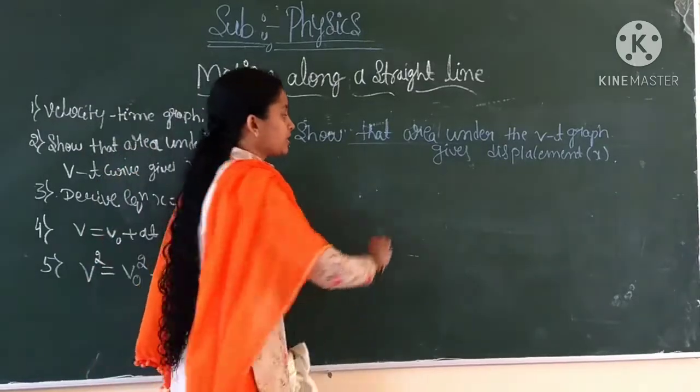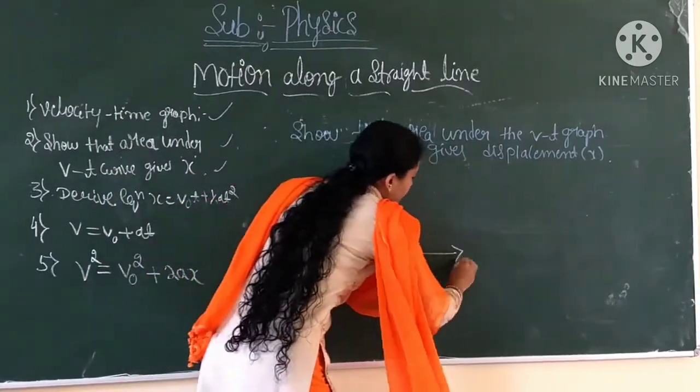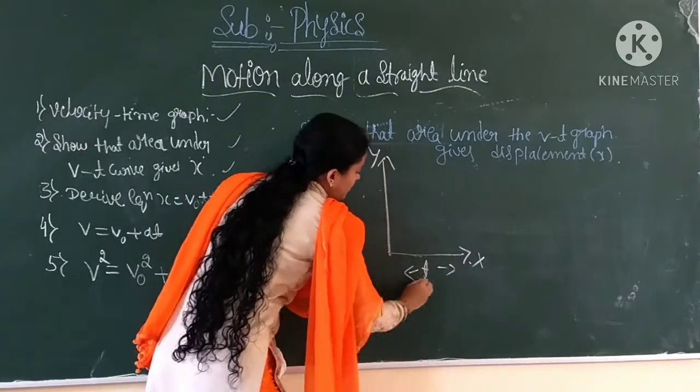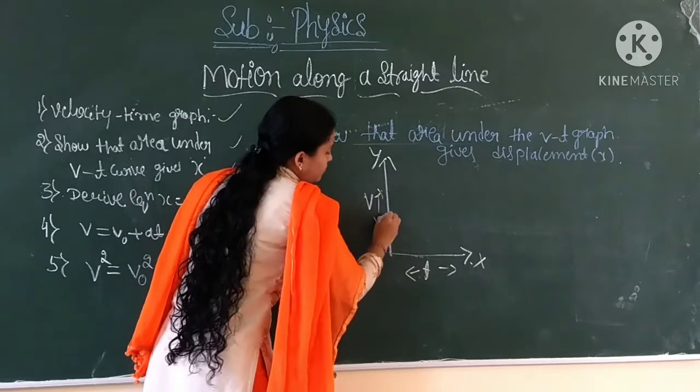Okay. So first take the VT graph. This is the time along the x-axis, velocity on the y-axis.